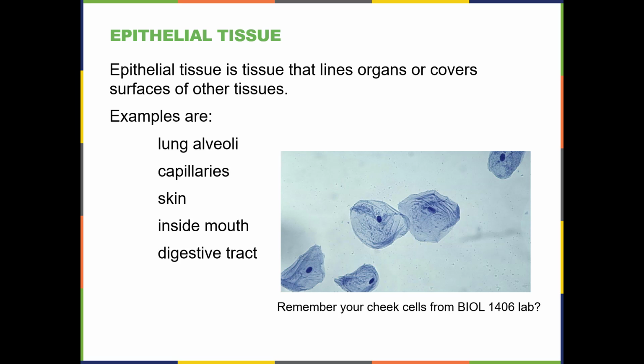And the examples given here: the lung alveoli, the lining of the capillaries, the outer surface of your body, which is the skin, the soft tissue that lines the inside of your mouth and the inside of your nose. In fact, any opening that leads to the outside is lined with at least a little bit of epithelial tissue.